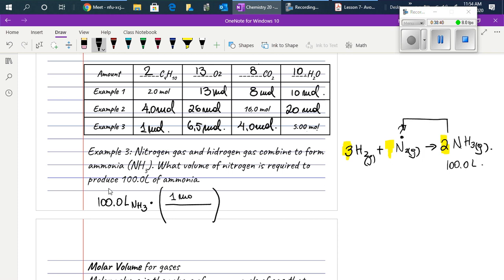So 1 mole of nitrogen over 2 moles of ammonia, NH3, and the liters of ammonia cancel, and the moles cancel, and what you end up with is the volume of nitrogen, which will be 50 liters of nitrogen gas. And what we are doing here is again taking into consideration the significant digits.